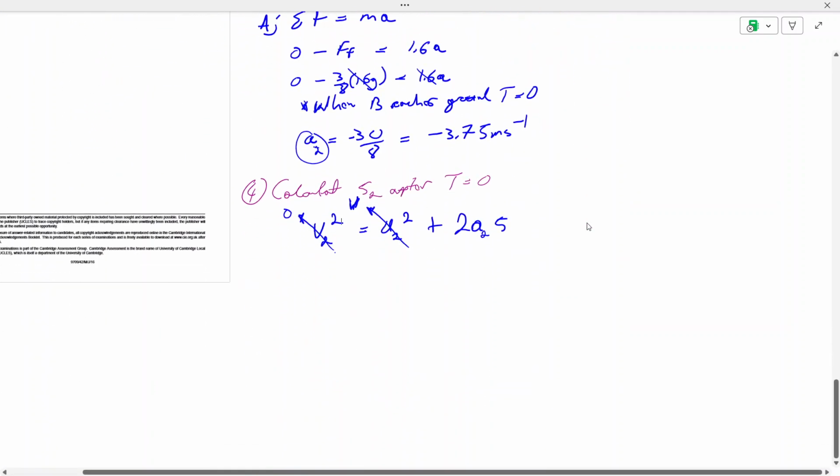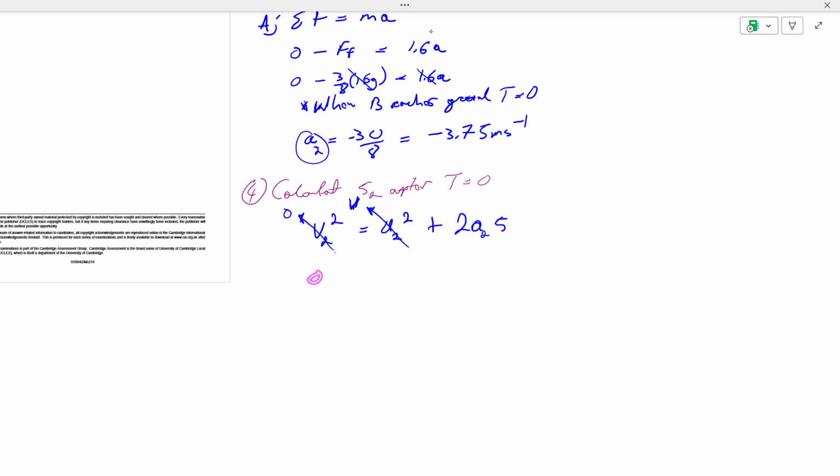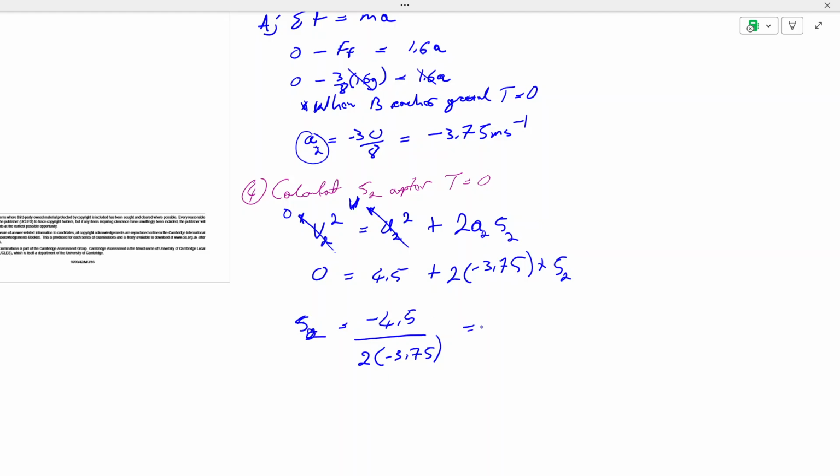So 0 is equal to 4.5 plus 2 multiplied by the deceleration that we had, which is negative 3.75, multiplied by the S2 that we need. Therefore, S2 is equal to negative 4.5 divided by 2 times negative 3.75. And when I do that, I get S2 equal to 3/5, which is equal to 0.6 meters.